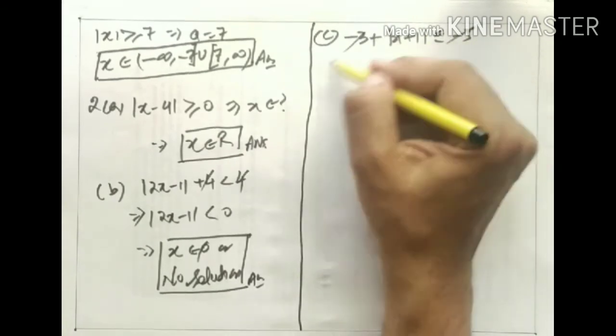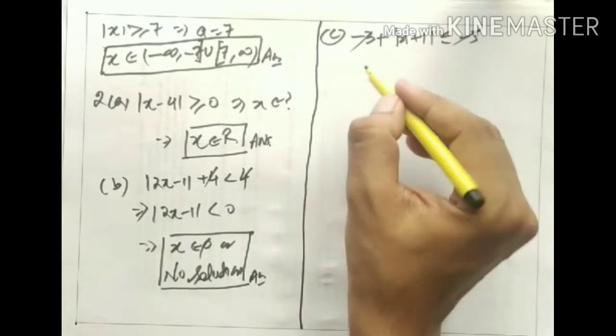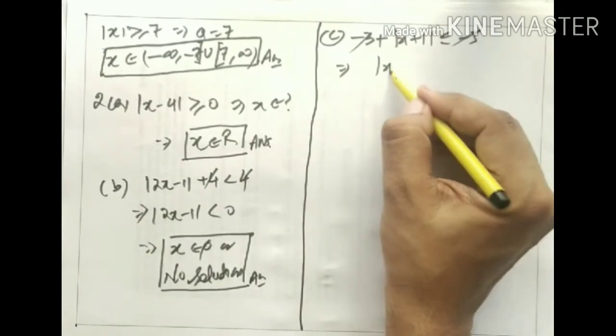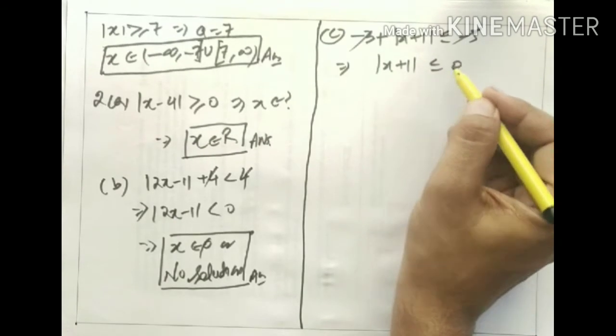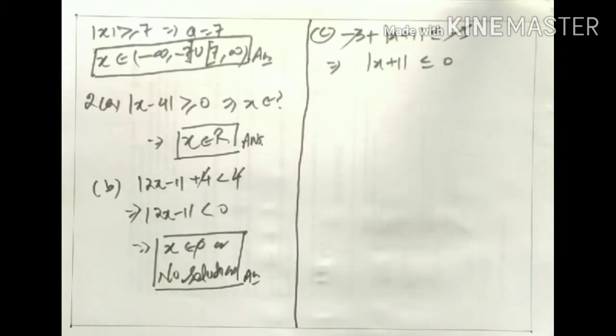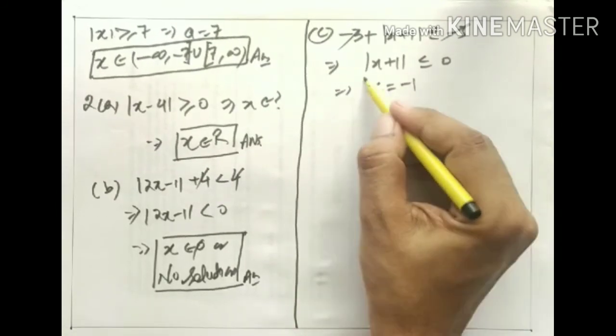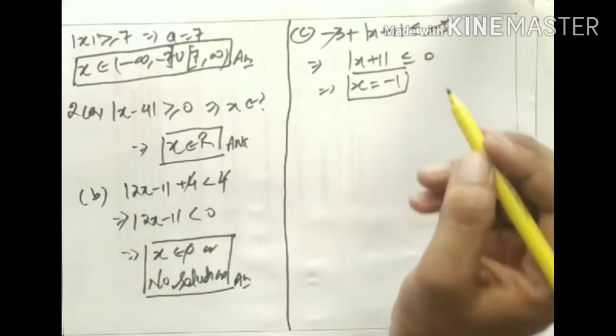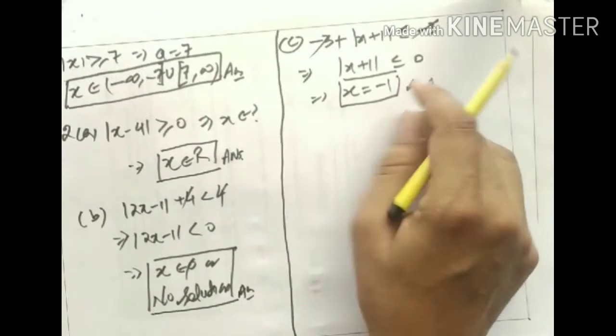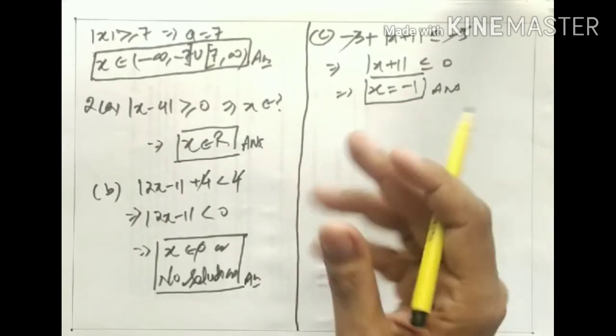Here clearly minus 3 gets cancelled, and the resulting inequality becomes mod of x plus 1 is less than or equal to 0. As we saw in the previous example, mod of x plus 1 can never be less than 0, because by the basic definition modulus always emits positive real numbers. But here equal to 0 is also there, so modulus can give 0, so we can say that x equal to minus 1 will be the only solution to this question. This is the answer. Otherwise, if the equal to sign had not been there, the answer would have been no solution.